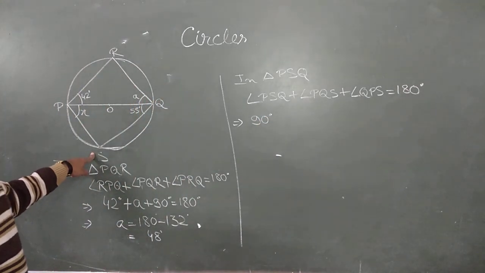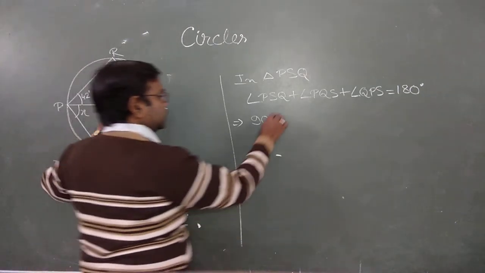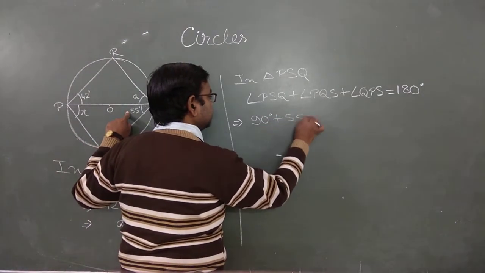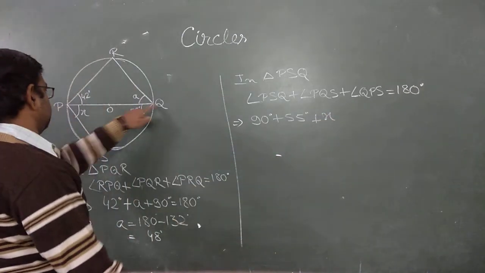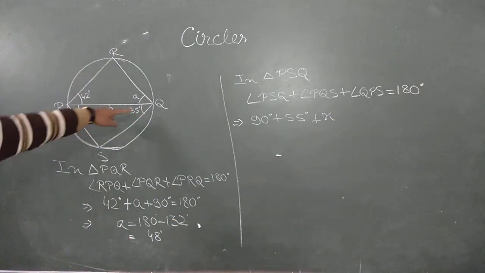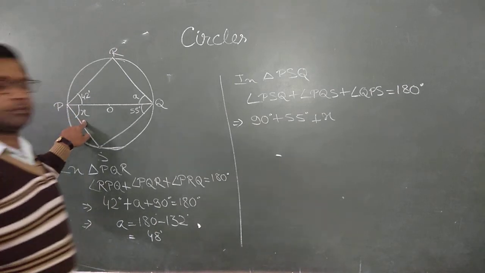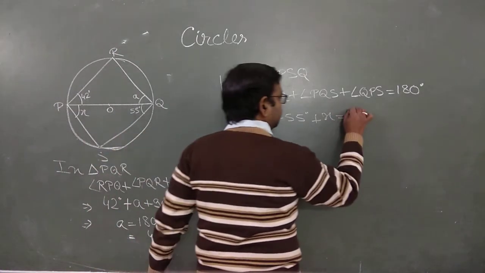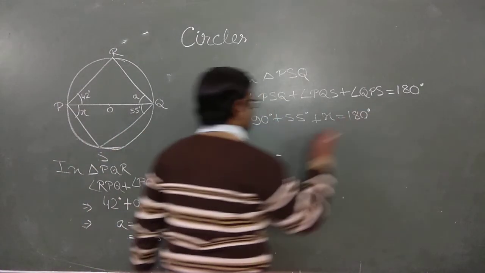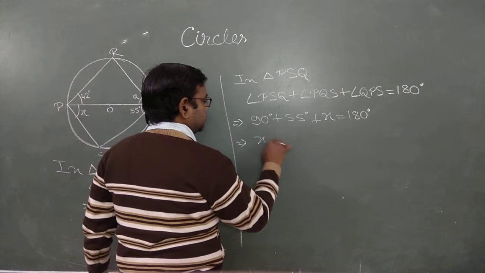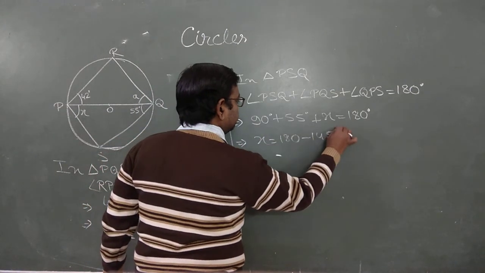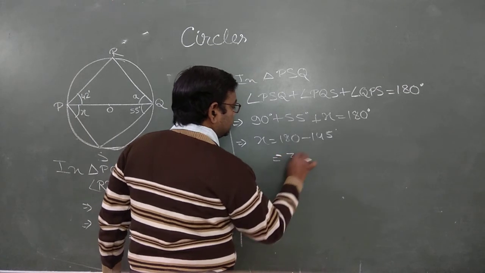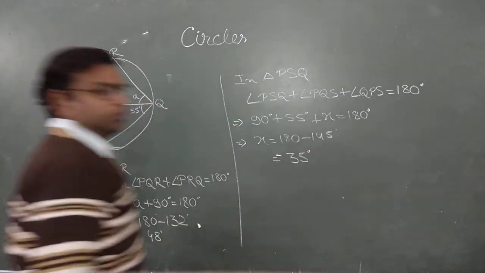We discussed this is equal to 55 degrees. This is equal to x, this one is QPS. Now you can easily find out the value. So x equals 180 minus 145, it's 35 degrees. Hope this thing is clear to you.